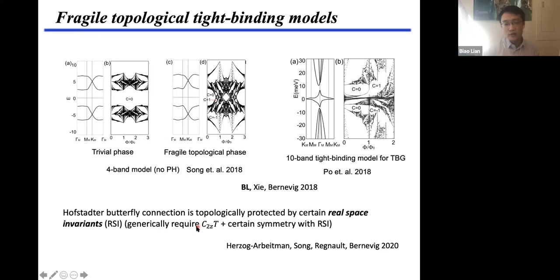But for this specific C2ZT protected case, they generically require C2ZT plus some other crystal symmetry or certain discrete symmetry that gives you some real space invariants. If you just have the C2ZT symmetry alone, it's strictly not protected, as shown in this paper.